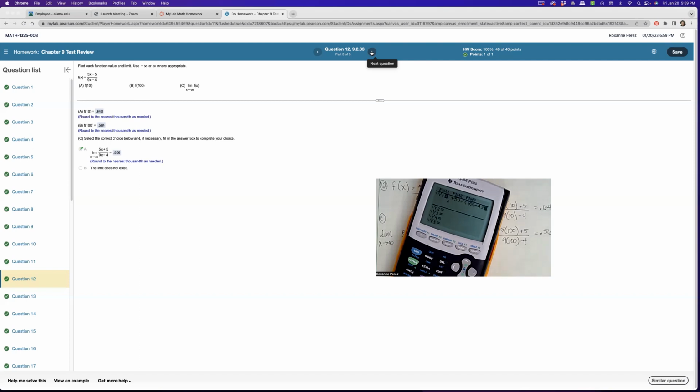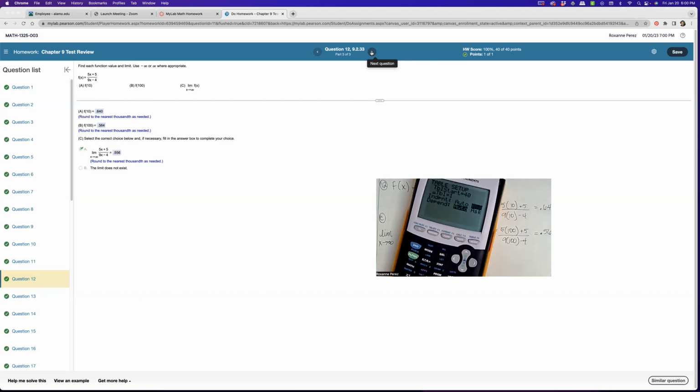Now you're going to hit the second window. And right here where it says independent, you're going to scroll down, scroll over to ask, and hit enter. Then you're going to hit second graph. It's going to bring you to this table.